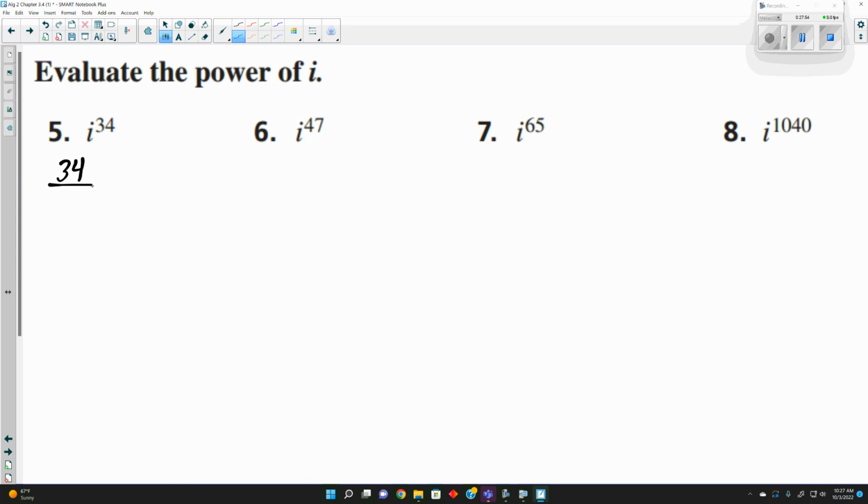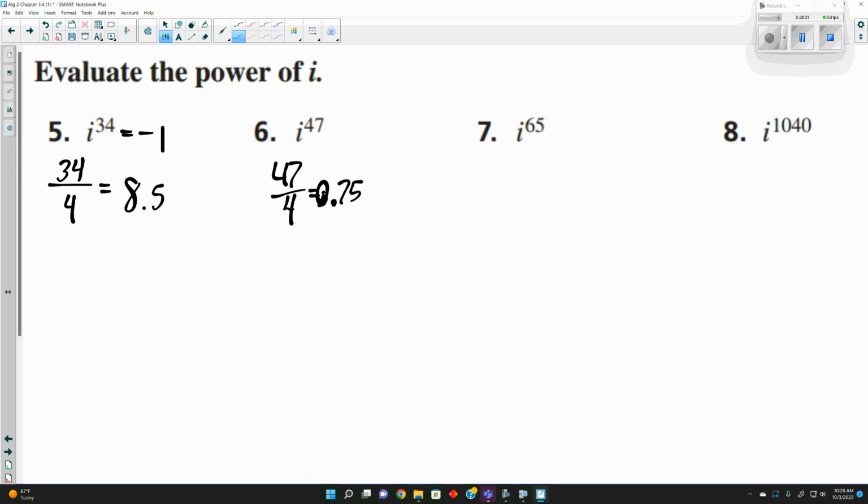Now, if we want to evaluate i to the 34th, we divide by 4, so it's going to be negative 1. Next, i to the 47th.